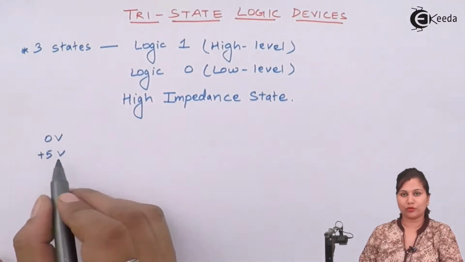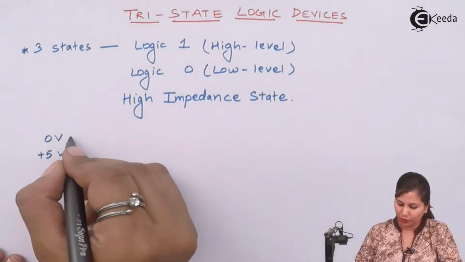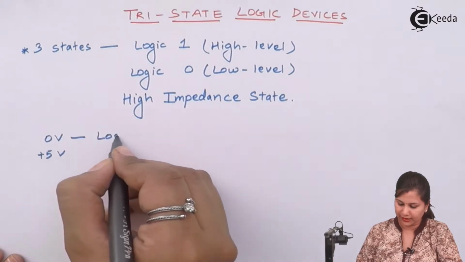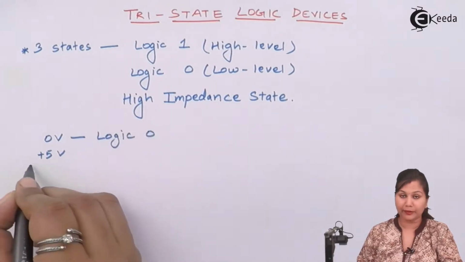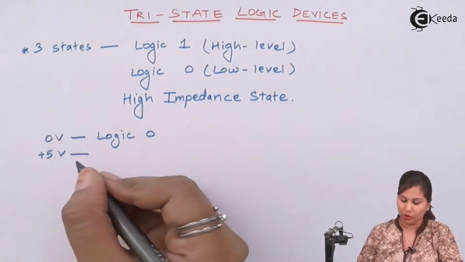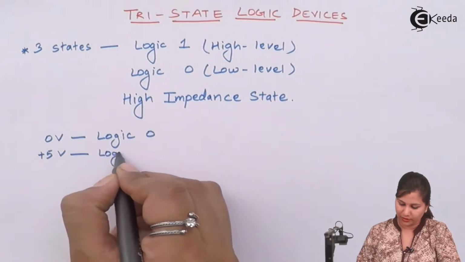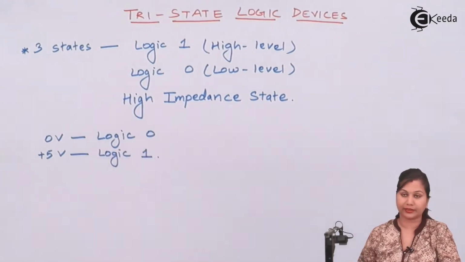So plus 5 volt is the high level state or the logic 1. So 0 volt will be the logic 0, and plus 5 volt, because it is the highest output given by the logic device, is the logic 1 state.